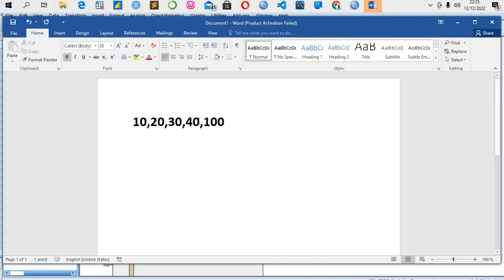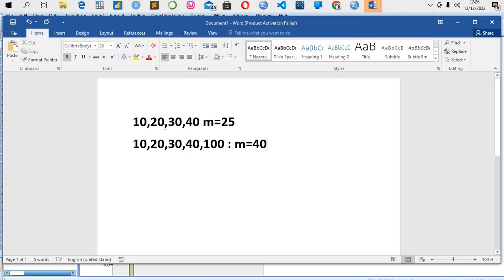So you realize previously, when we were having these values alone, the mean was 25. But now that we have these 5 values, including another value, we have the mean as 40.